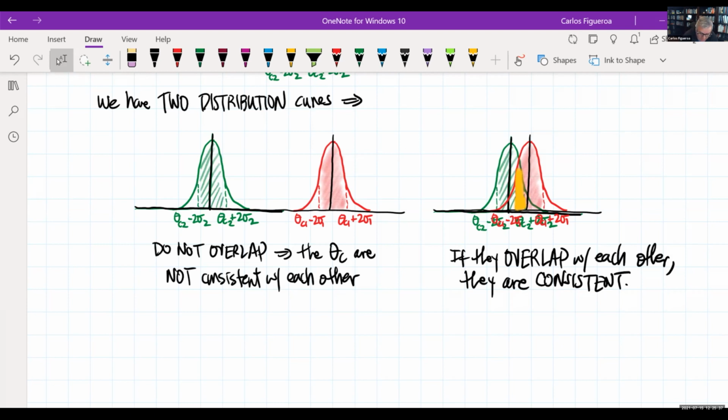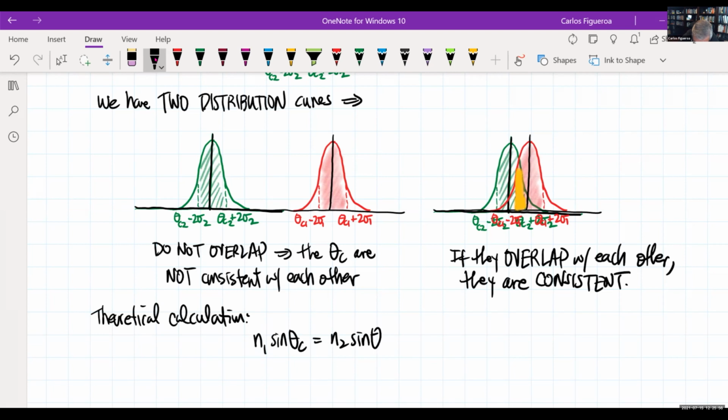And another thing to note is that there's a theoretical calculation, because we know that N1 sine of theta critical should be N2 sine of 90 degrees.